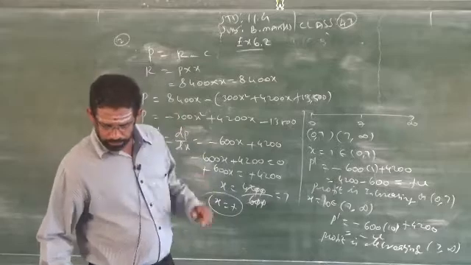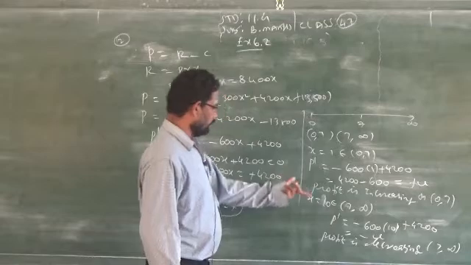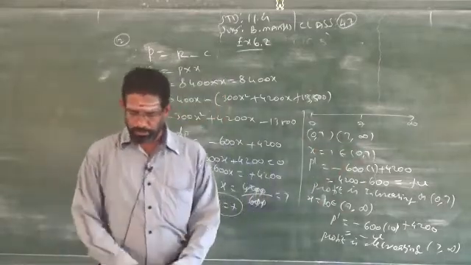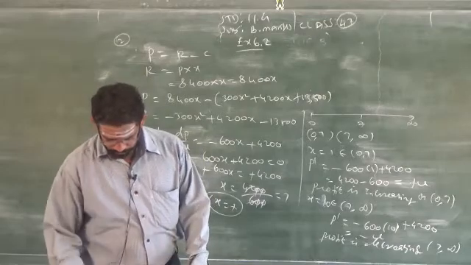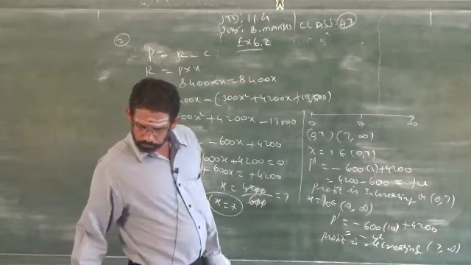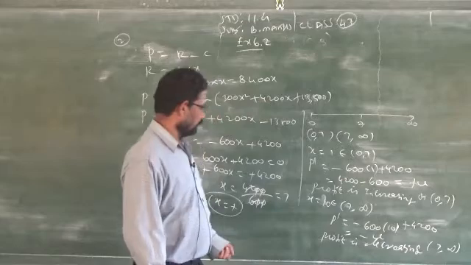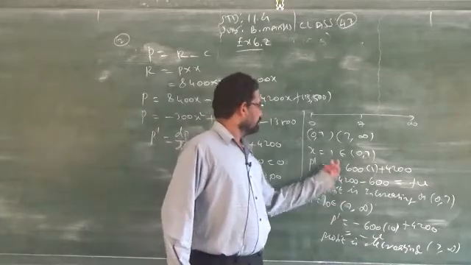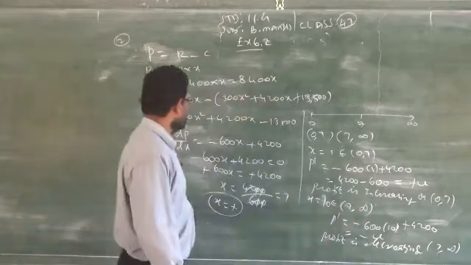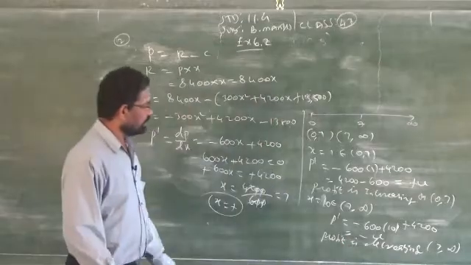Show that the profit of the company is increasing. If you take x is equal to 10, you will get a negative answer. If you take x from the limits 0 to 7, you will get a positive answer. Clear? So in the limit 0 to 7 it is increasing, whereas in 7 to infinity it is decreasing.